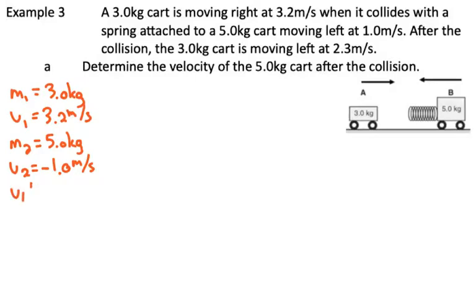So v1 prime would be the 3 kg cart moving left at 2.3 meters per second, which would be negative since it is moving left. And v2 prime, the 5 kg cart after the collision, is what we don't know.